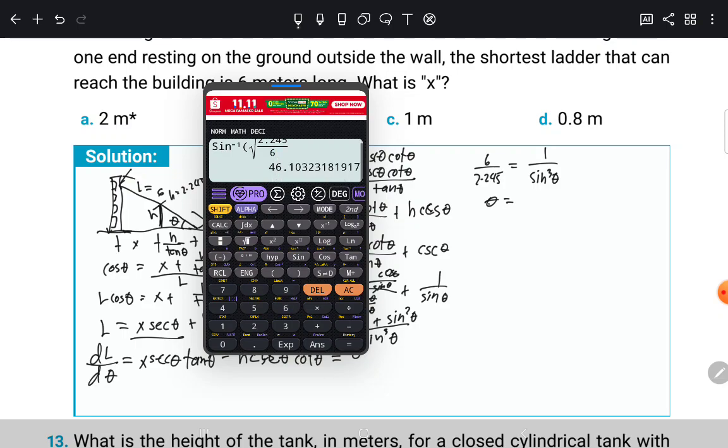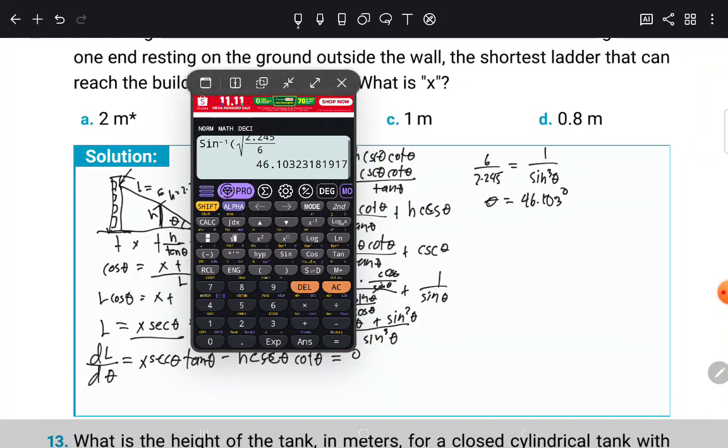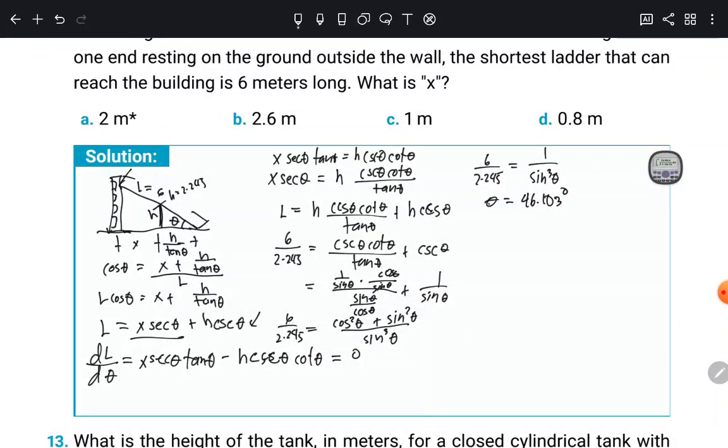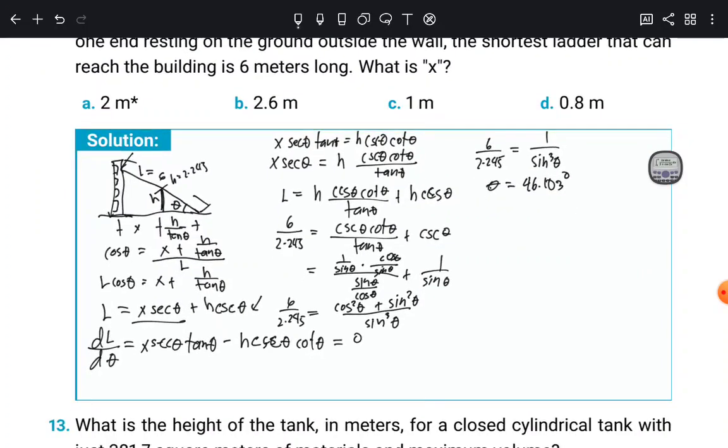So the answer will be 46 point something. So theta is equal to 46 point. I am in degrees, so this will be in degrees: 46.103 degrees. So for L to be minimum, the angle should be 46.103. Now, we can solve for x.